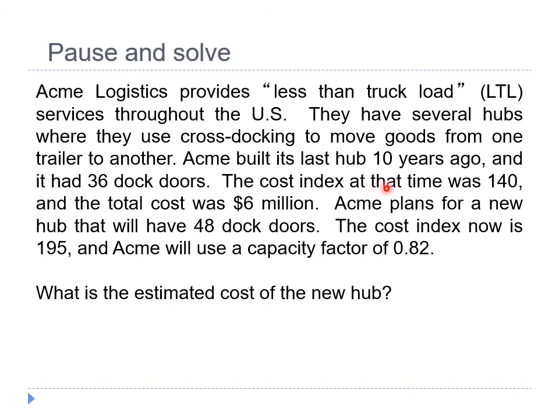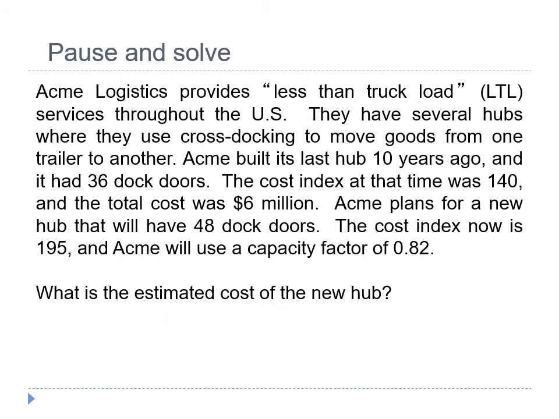The cost index at that time was 140 and the total cost was $6 million. Acme plans for a new hub that will have 48 dock doors. The cost index now is 195. Acme will use a capacity factor of 0.82. What is the estimated cost of the new hub?